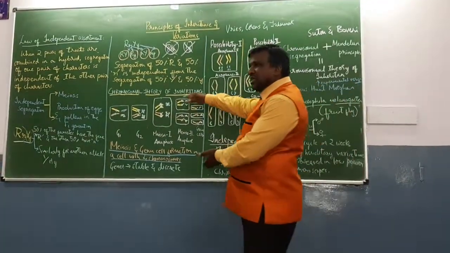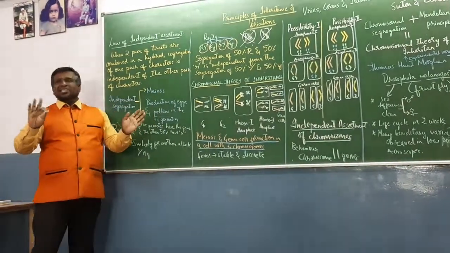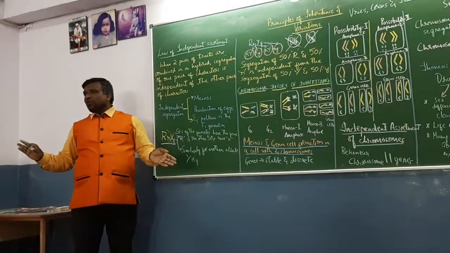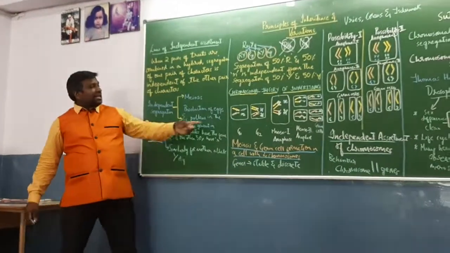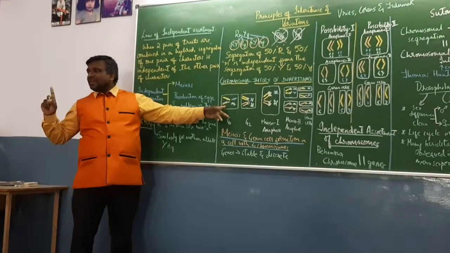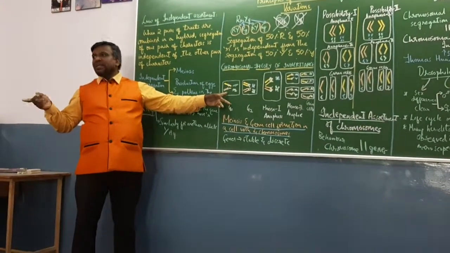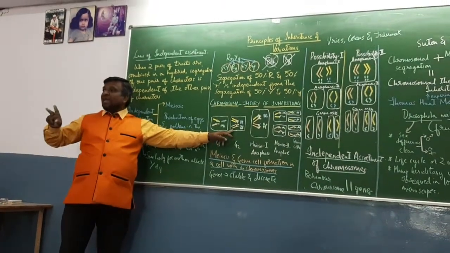Now when you look into this diagram, what you can see is the cell cycle stages G1, G2, the synthetic phase, everything you have seen. In the G1 stage they are univalent, they call it. In the G2 stage they are bivalent.